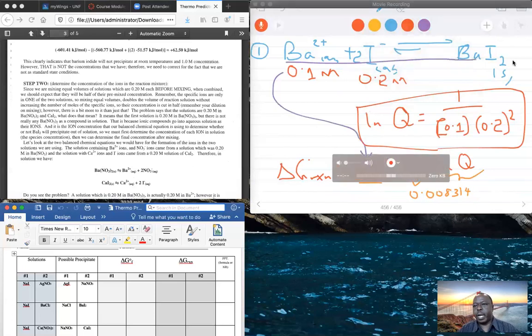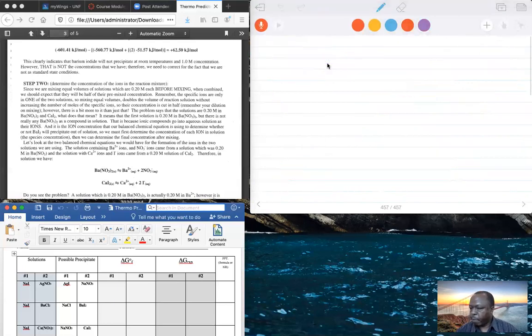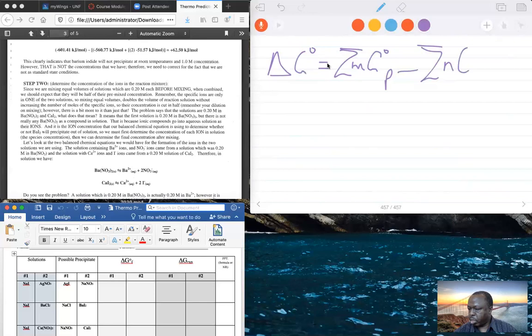Remember, it is product minus what? Product minus reagent. We're gonna use this equation. Delta G naught is given by the summation of M, delta G naught product, minus N, delta G naught reagent, for reactant.